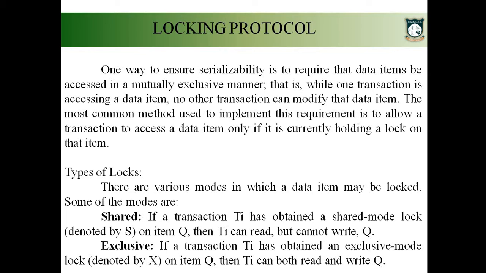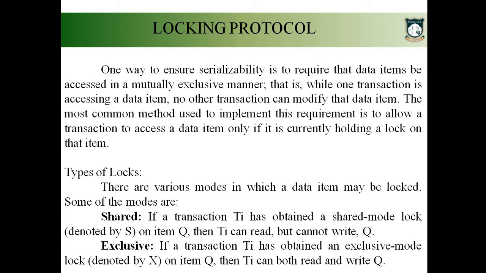Whenever a transaction wants to read a data item, the transaction can lock the data item in shared mode. If a transaction wants to write a data item, or it has to both read and write, whatever it may be, in that case it has to lock the data item in exclusive mode.